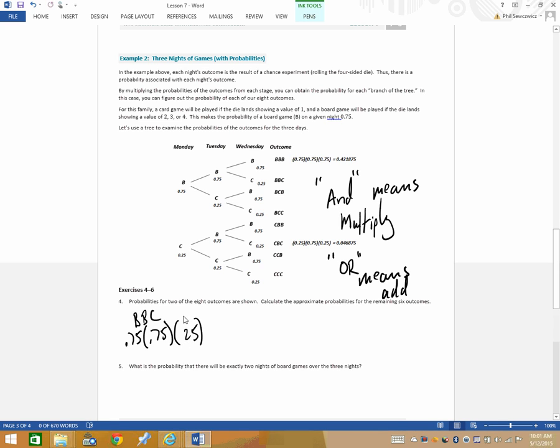We punch it all in, and you end up with the decimal 0.140625. But we're always going to round to the nearest percent. So we can times it by 100, move it 2 spaces to the right, however you would like to say it, and you would get 14%. So there would be a 14% chance of doing a board game, and then a card game there.